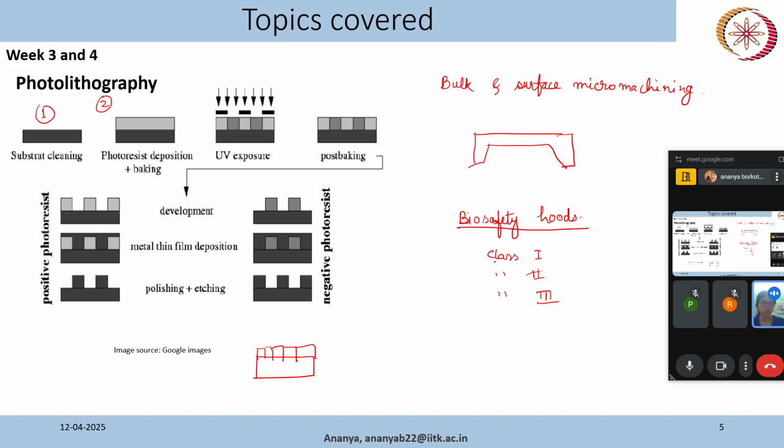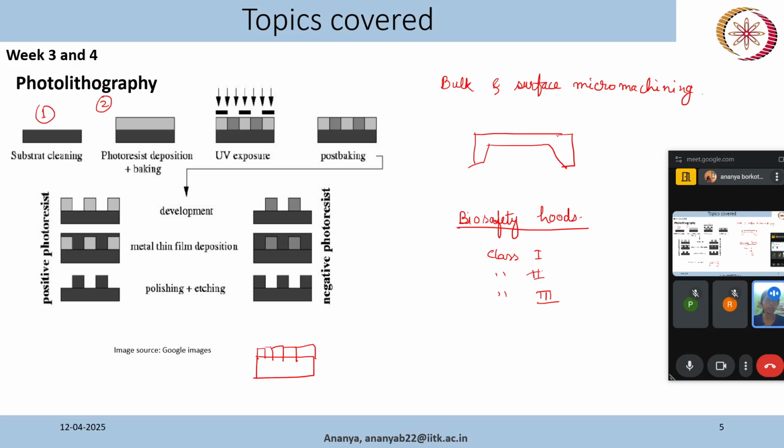What is a biosafety hood? It's a closed kind of hood, but we mostly use it to handle biological samples or biological sensors. So in class 1, it protects the person as well as the environment, so that there is no hazardous chemical.